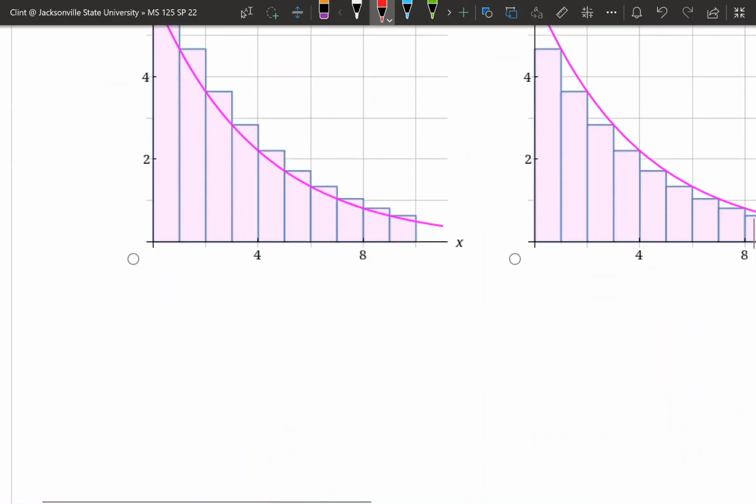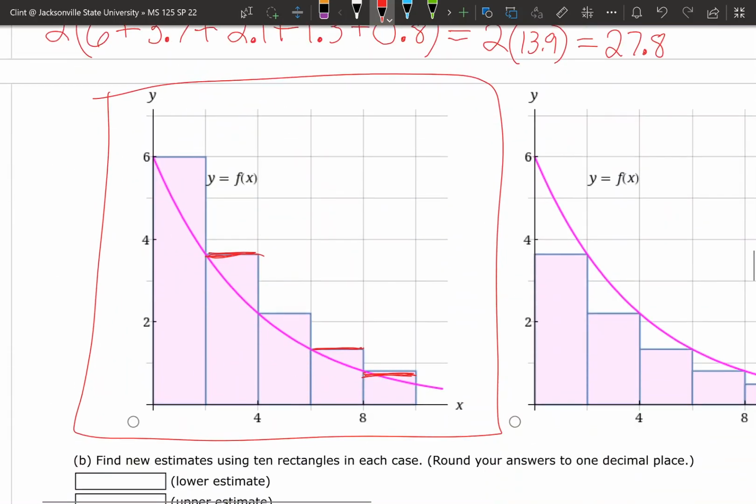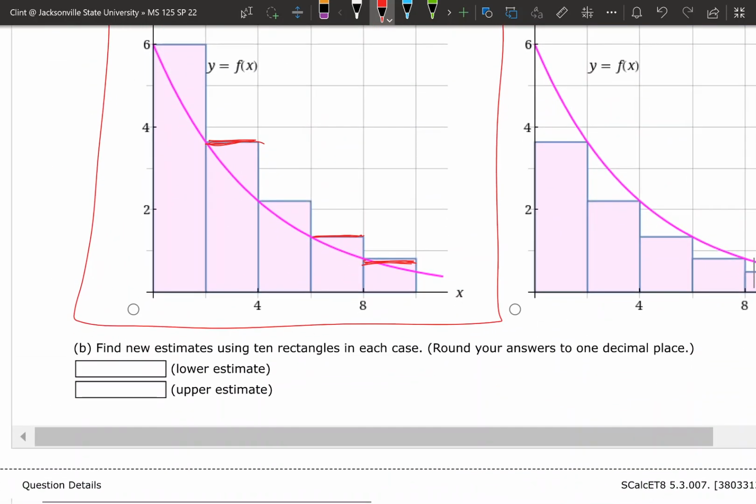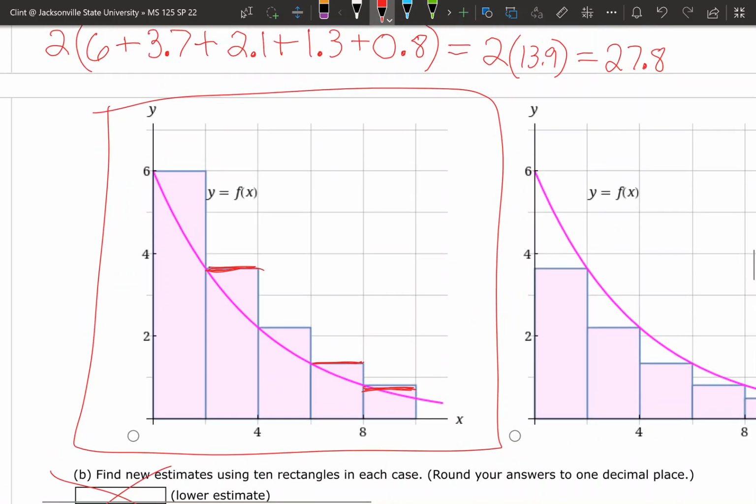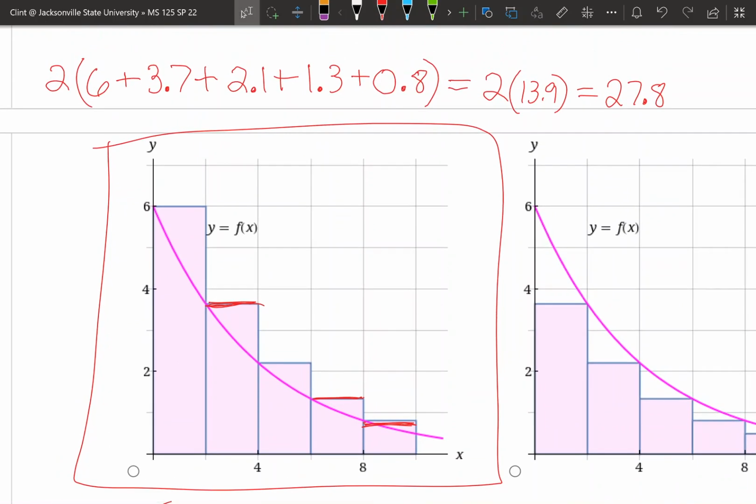Okay. And then I'm good with that. We don't have to do it again. Okay. As long as you can get an estimate using some rectangles, you'll be in good shape. Just multiplying how wide the rectangle is by how tall it is. Okay.